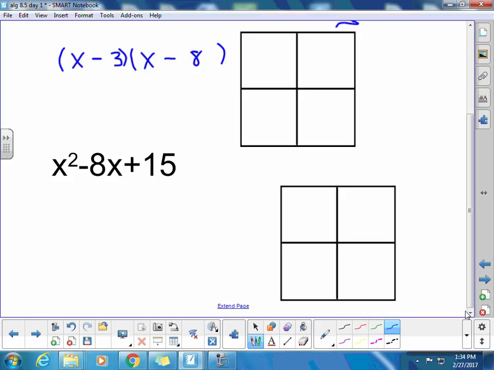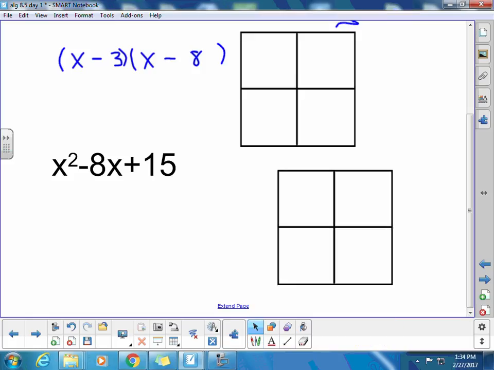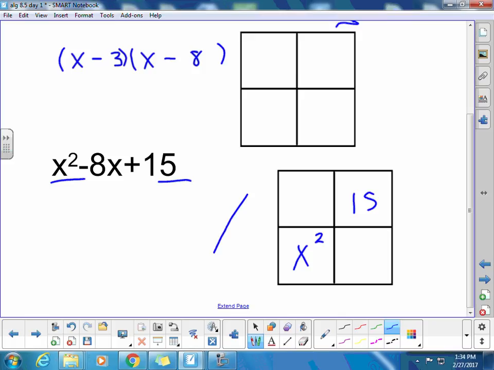All right. So again, if we are going to fill this in, we would fill in x squared there and 15 here. So these came from these two spots. And then I need two things that multiply together to give me, we're going to introduce this diamond product.